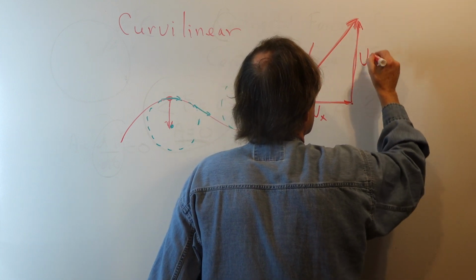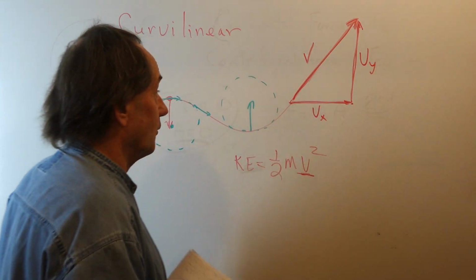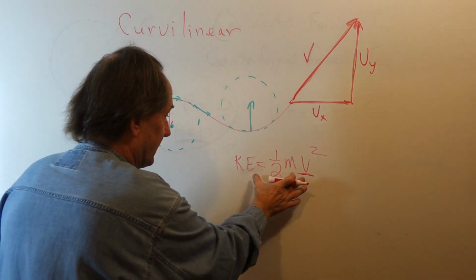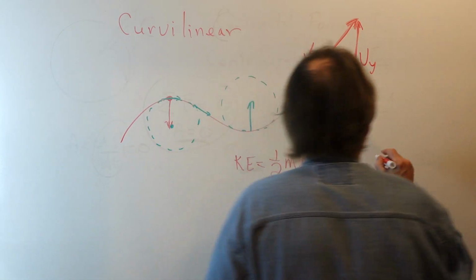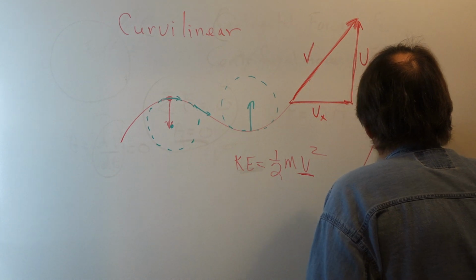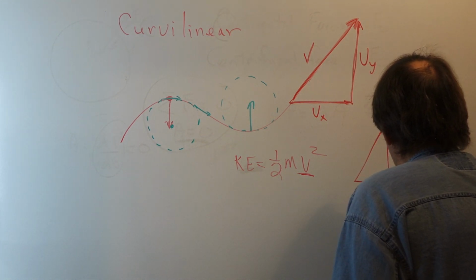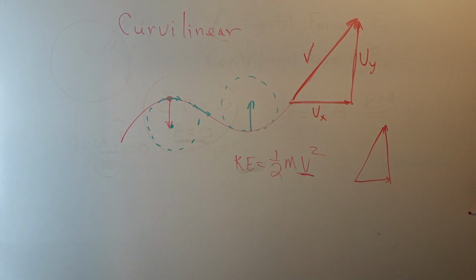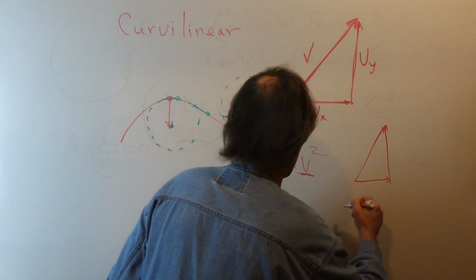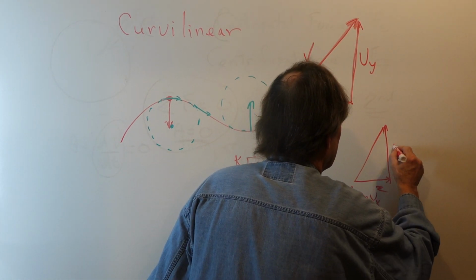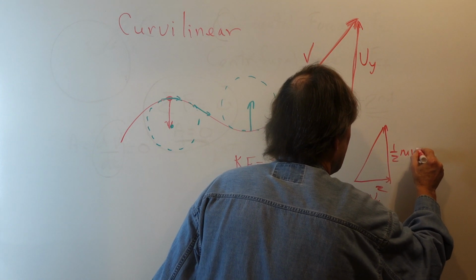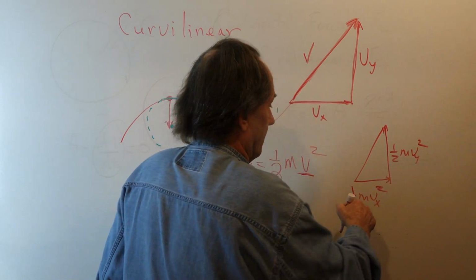We have a velocity component in the y direction. Well, remember, kinetic energy is 1/2 mv squared. So if I look at the kinetic energies in the horizontal and vertical components, in the horizontal, it's 1/2 m vx squared. In the y, it's 1/2 m vy squared.